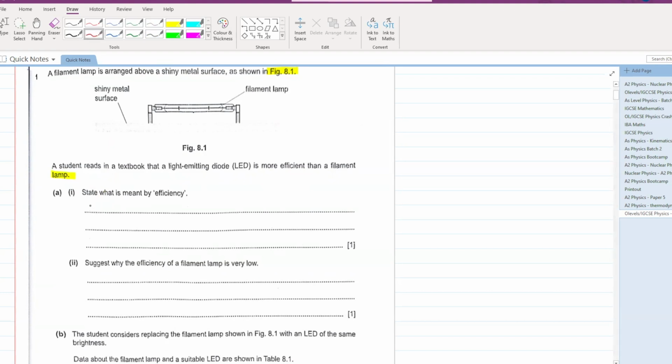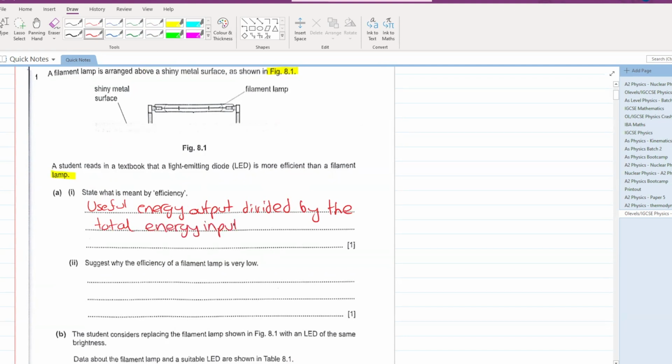What is efficiency? You can write the formula as well. Useful energy output divided by the total energy input.